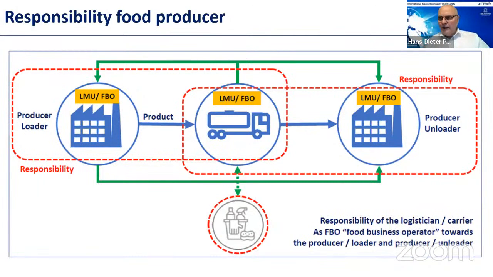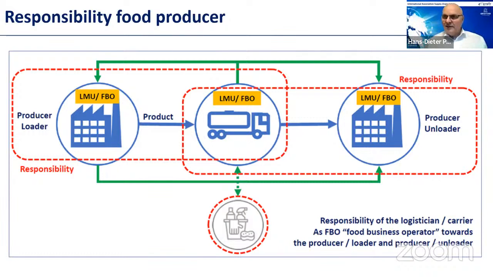You all name this title of food business operator, FBOs in English. That means that the producer of a product is responsible. That means that the raw material producer is responsible for that.